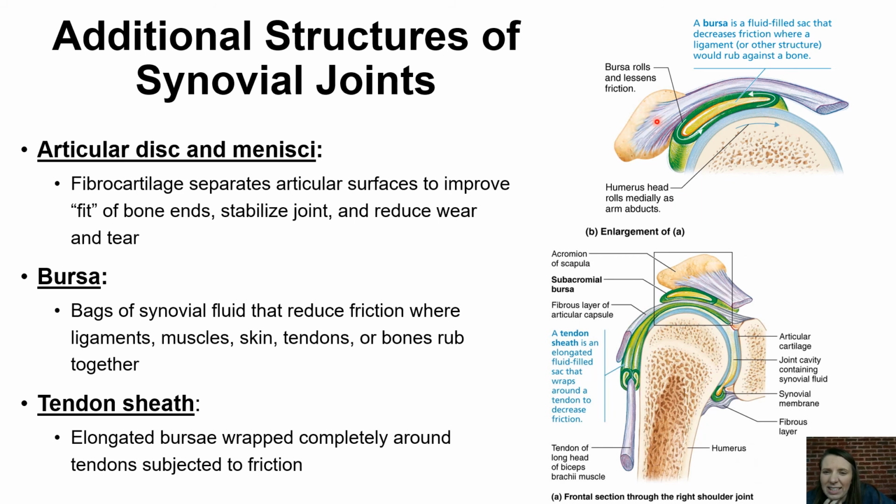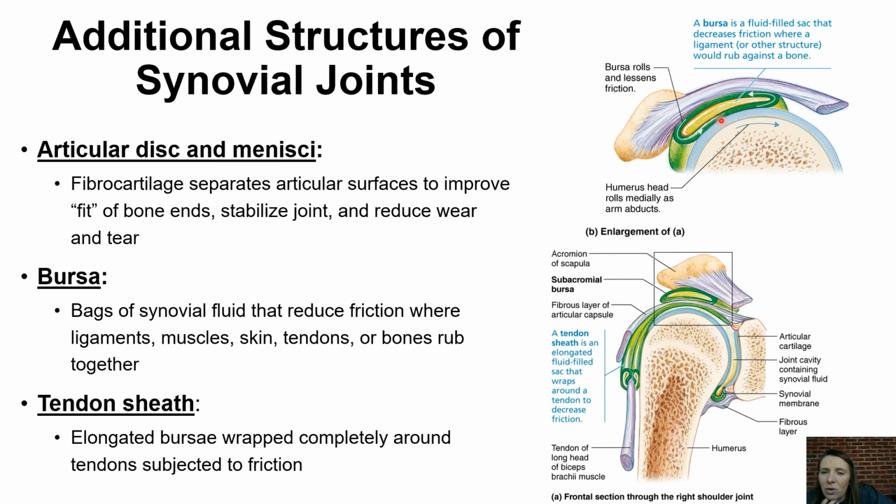Here it looks like this is the acromion, and here's the head of the humerus. The bursa is traveling between the head of the humerus and the ligament here. This is probably the AC ligament, acromioclavicular ligament. In between those two structures, you'll find this bursa.